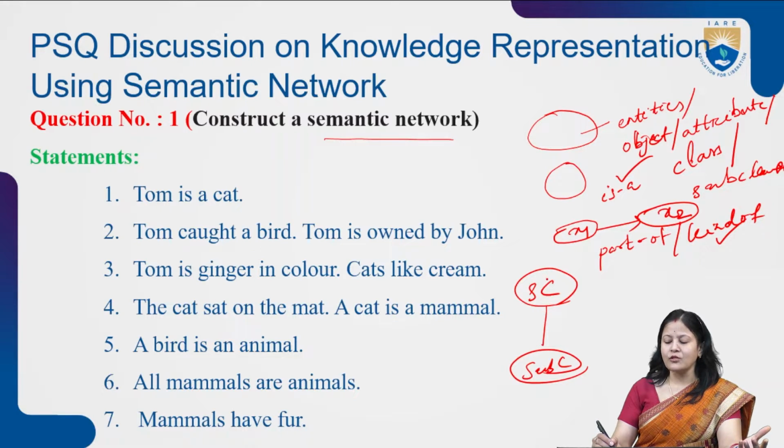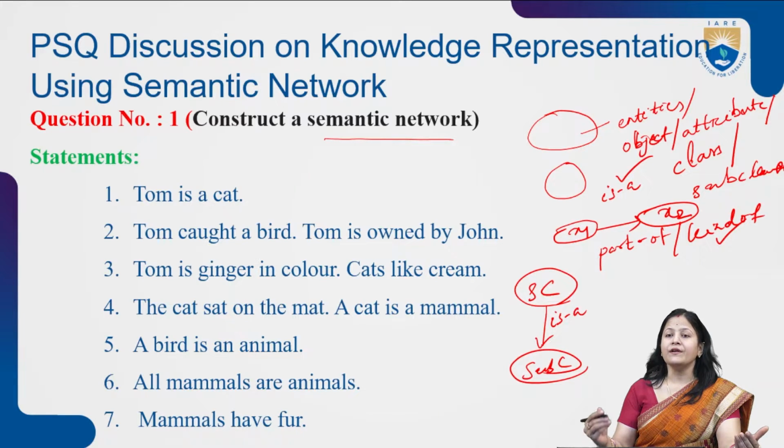That means all the superclass properties can be there in the subclass. Take the example of apple is a kind of fruit. Apple is a fruit, so apple inherits all the properties of the fruit. This relation can be established with the help of the is-a relationship.